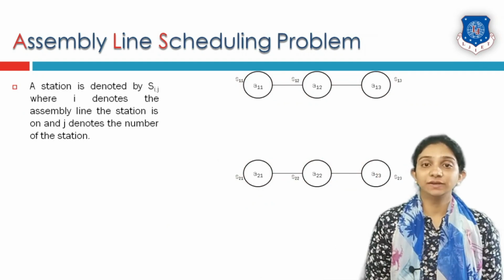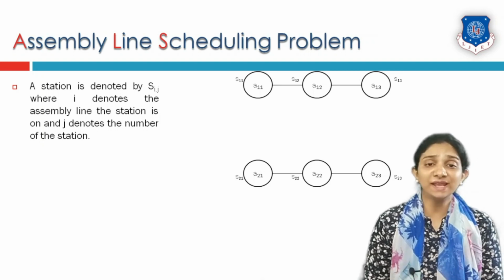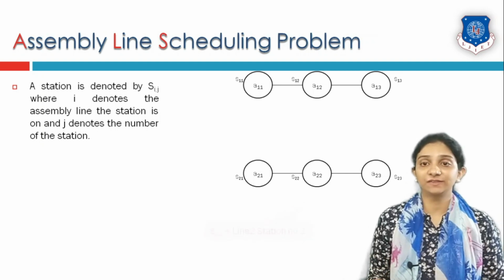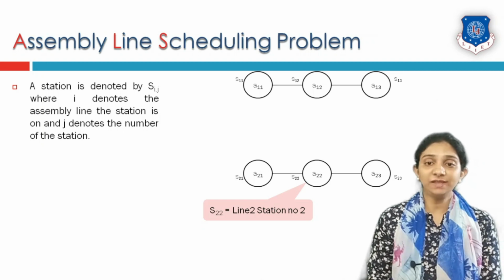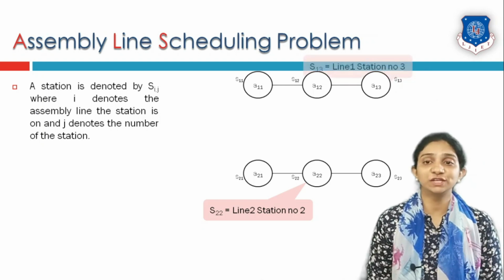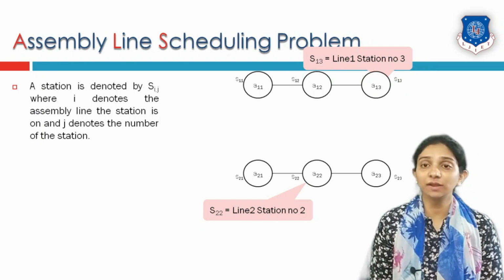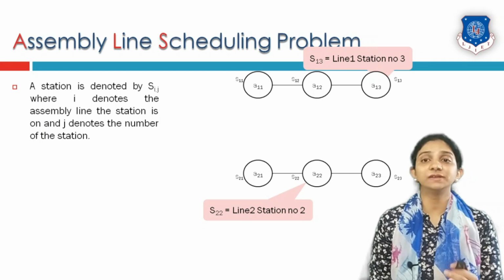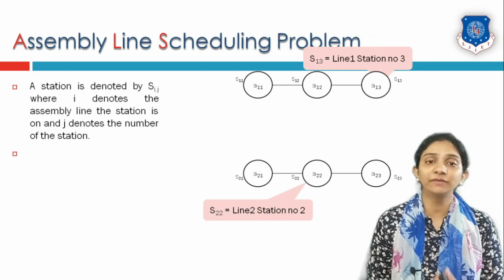A station S of i, j is denoted by assembly line i and station number j. For example, this is S of 2, 2, which means it is on line 2, station number 2. Or this particular station, S of 1, 3, means it is present in line number 1 and it is station number 3.